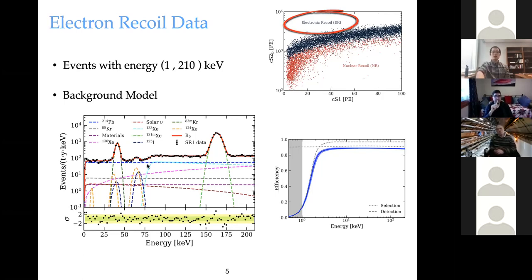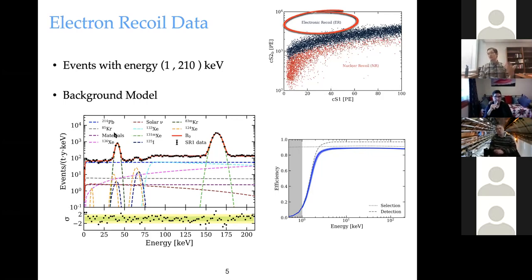Some of the backgrounds need to float in normalization, but adding all the dotted lines together, it seems we fit the data quite well. And you have this spectrum, good.